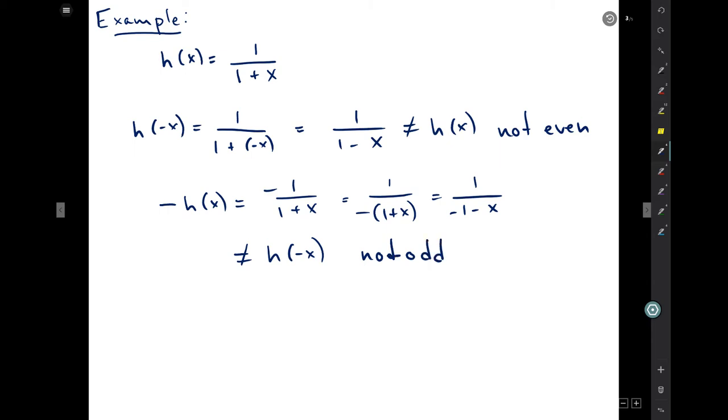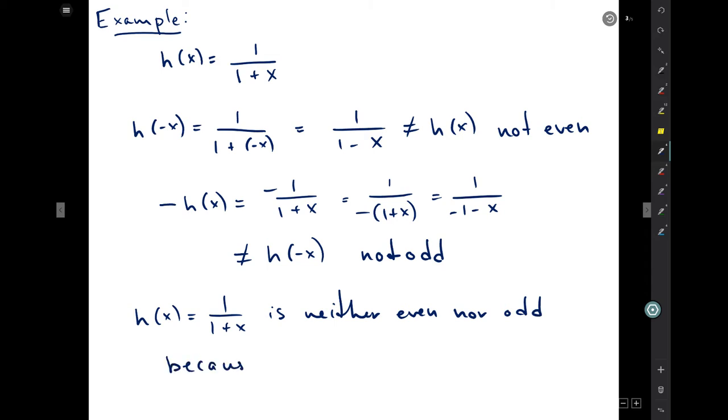So this function h of x equals 1 over 1 plus x is neither even nor odd because h of minus x is not equal to h of x, and h of minus x is not equal to negative h of x.